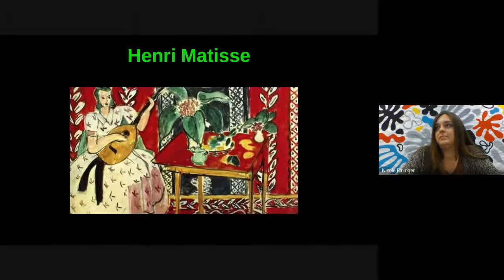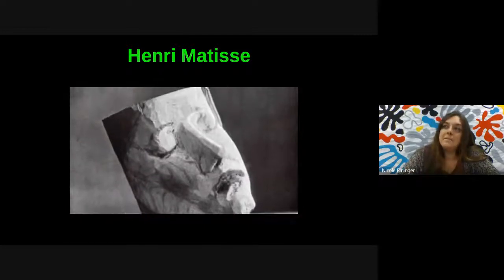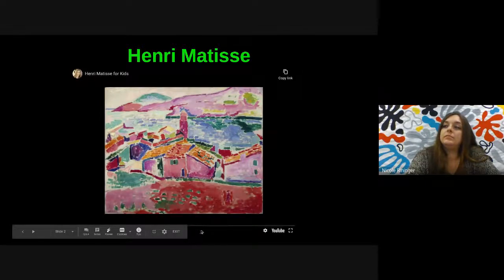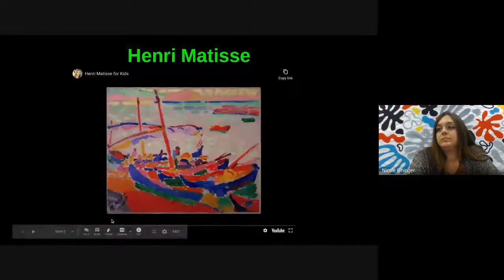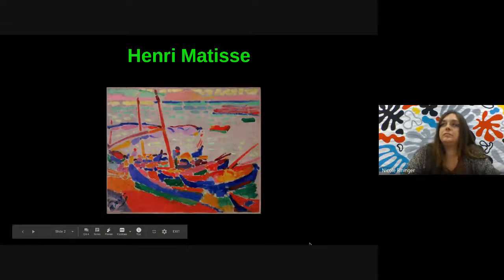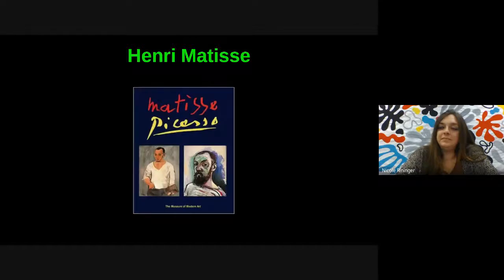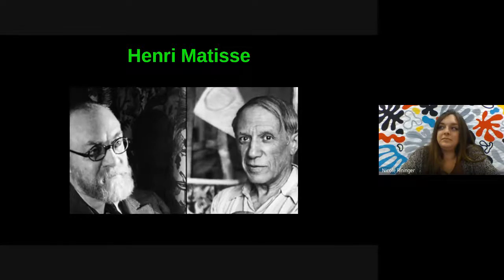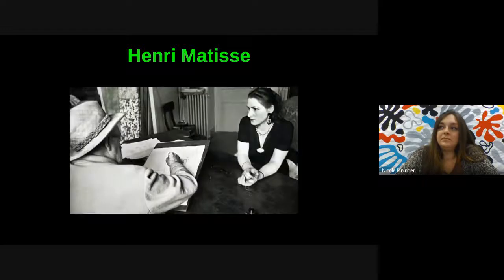Matisse is known for colorful, vibrant paintings and sculptures. At the beginning of the 1900s, he was classified as a fauve artist. Fauve means wild beast in French, and Matisse's paintings definitely seemed wild, explosive, and unconventional to many who saw his work at the time. Matisse mingled with many famous artists and writers in Paris, including Pablo Picasso and Gertrude Stein, and eventually moved to the French town of Nice to continue his work.